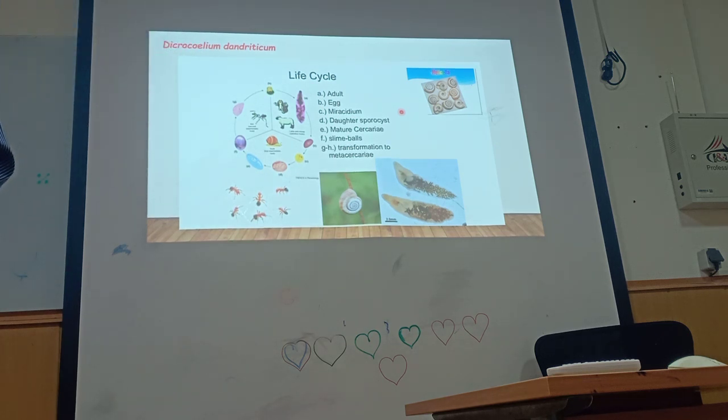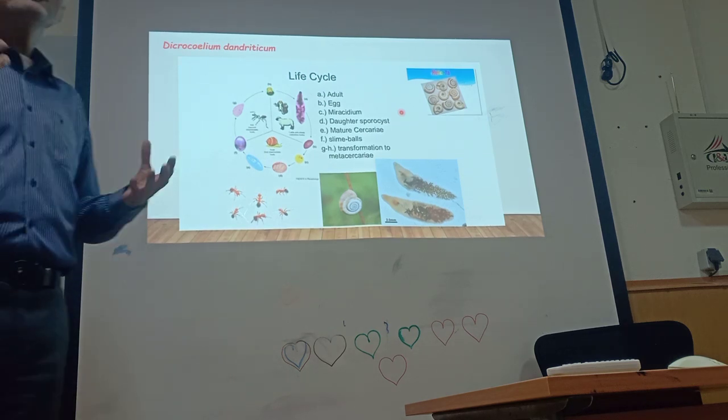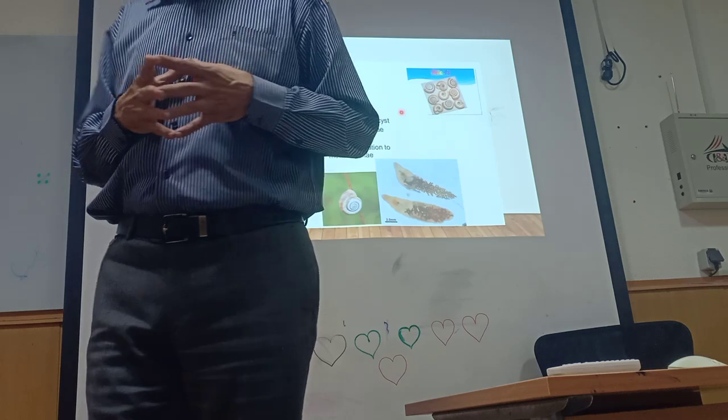For us also, in accidental cases, maybe an infected part of the ant's body is within bread, cake, or something, or vegetables as well, and we can get them. So this is the route of infection transmission.